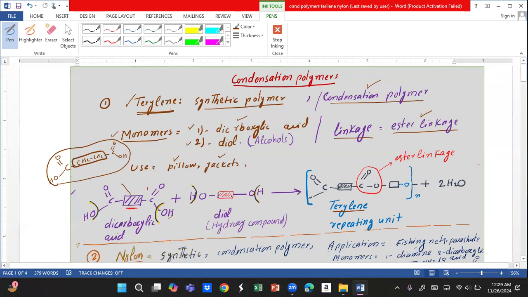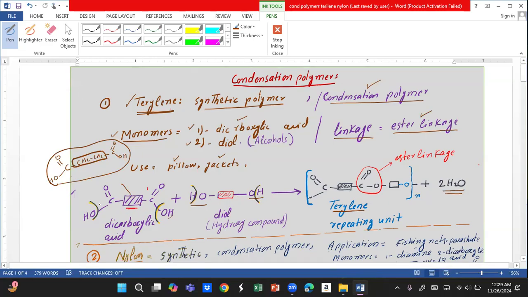Now this is a hydroxy compound. This is known as diol because di means two. There are two OH groups here. You can see this. When these two monomers join with each other, a condensation reaction takes place. In a condensation reaction, a water molecule is given up as a byproduct. First, I will tell you from where the water molecule will be released when these two monomers combine with each other.